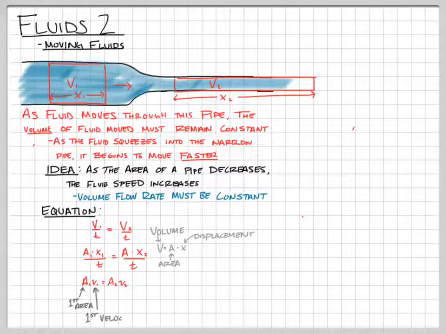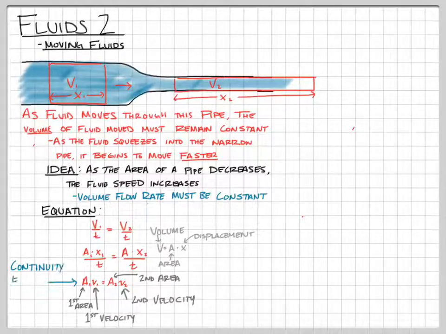That's the area in the first pipe and the velocity through the first pipe. The area in the second pipe and the velocity in the second pipe. That matches with our idea. It's just that math, this is how it relates. So, as a pipe gets bigger, the fluid speed decreases. As it gets smaller, the speed of the fluid increases.